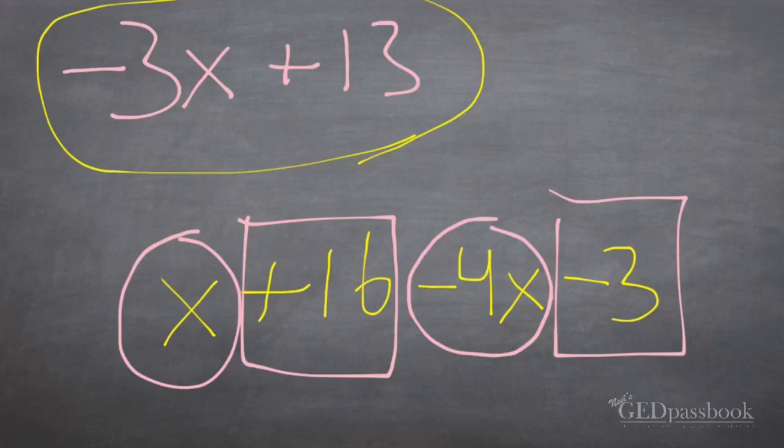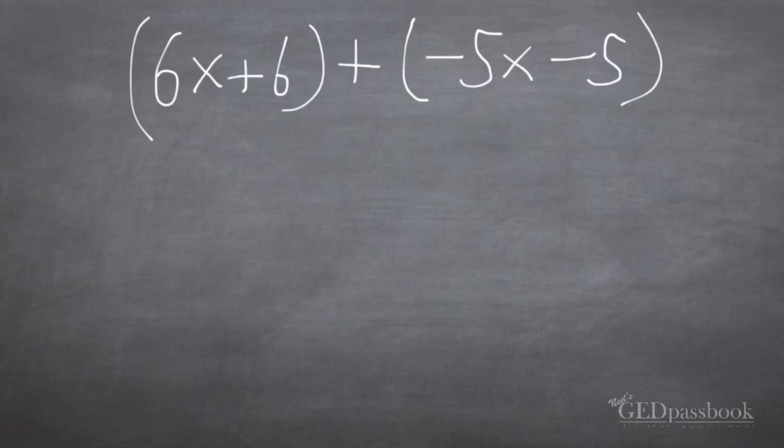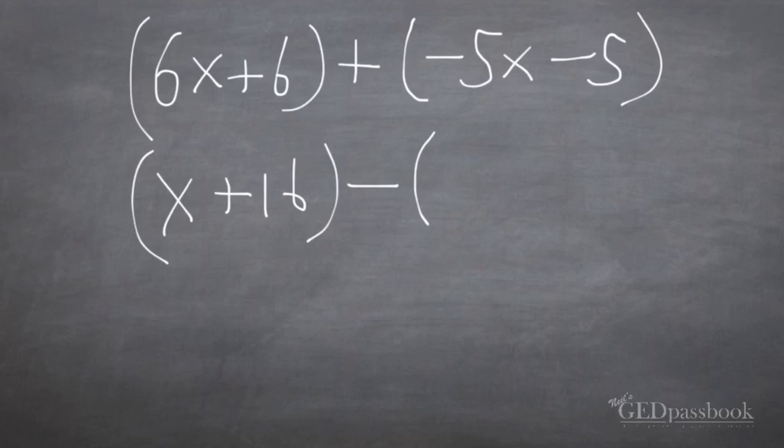The reason why I'm dedicating a whole video to this, I'm going to repeat myself again, is for you not to get this confused with FOIL, not to get it confused with the multiplying of polynomials. You have to distinguish the two. You have to spot when something is being added in comparison to it being subtracted.